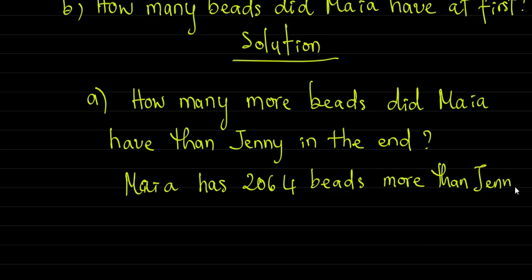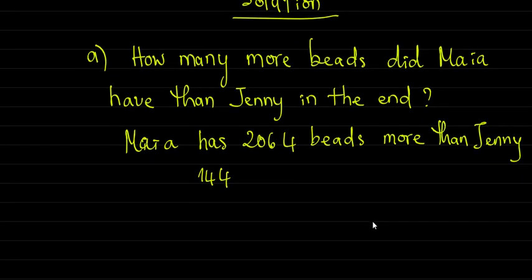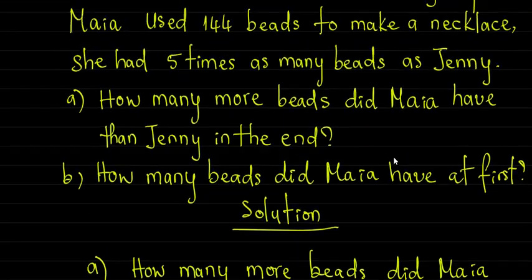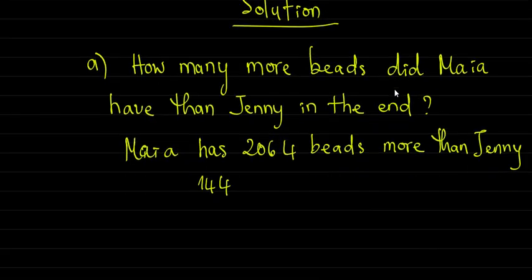So after she used like 144 to make a necklace, after that she had 5 times as many beads as Jenny. She had 5 times as many beads as Jenny.